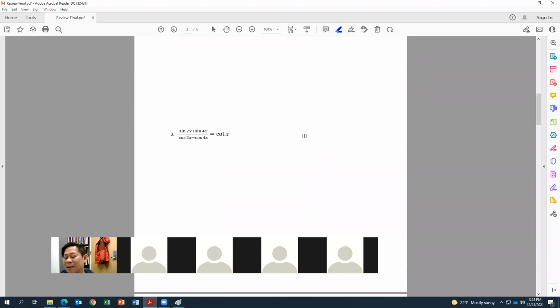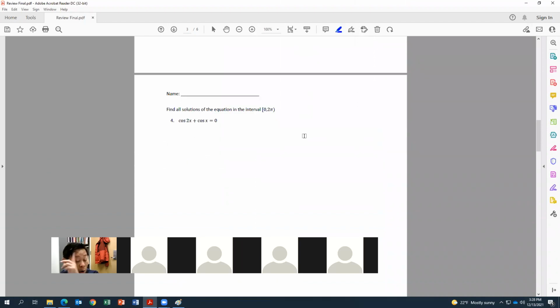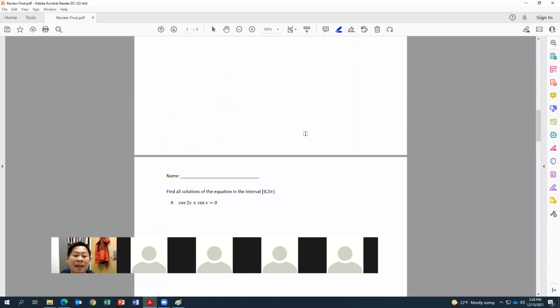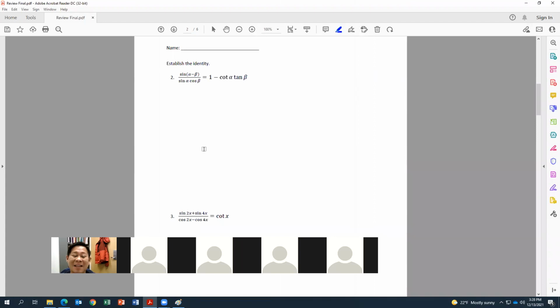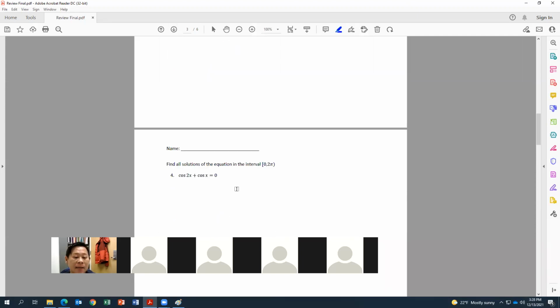The other 2 are something that is not in here, but is in your homework or in my notes. And the proving identity is something that I cannot teach you because you have to practice it. So I would recommend you go to your 7.4 and 7.5 textbook and practice that. This is something that I cannot teach you.